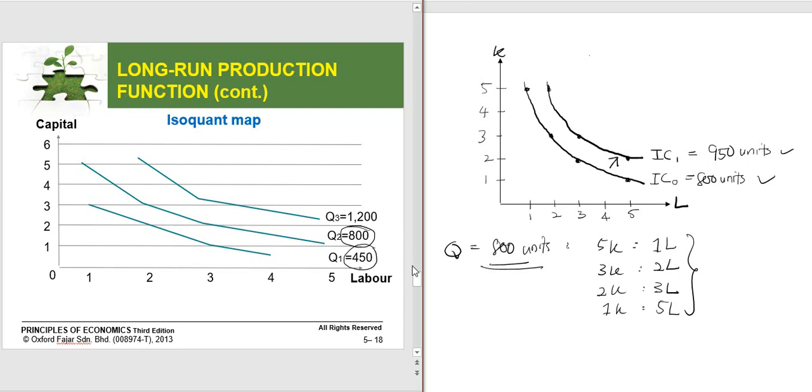And then the top one here is when you want to produce 1200 units. So the higher the isoquant curve, the higher the production or the output that you can produce. So when you have various isoquant curves in one graph, that is what you call an isoquant map.